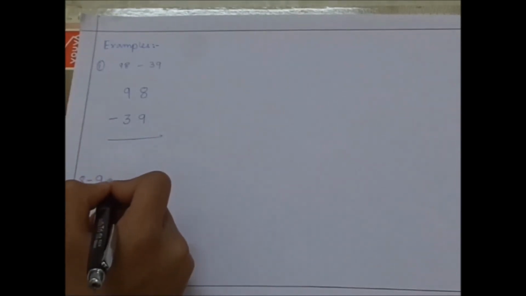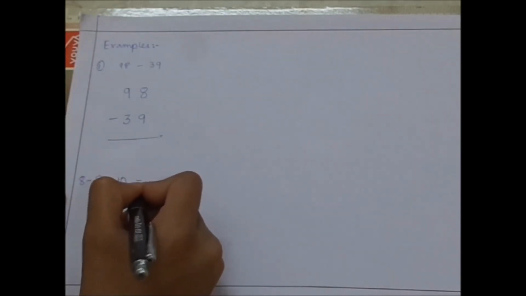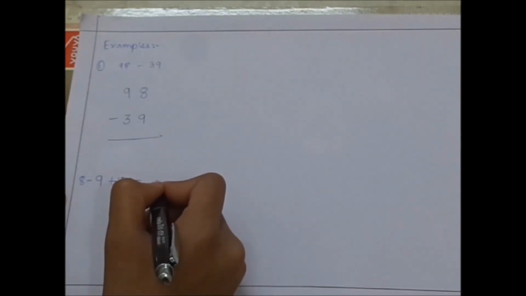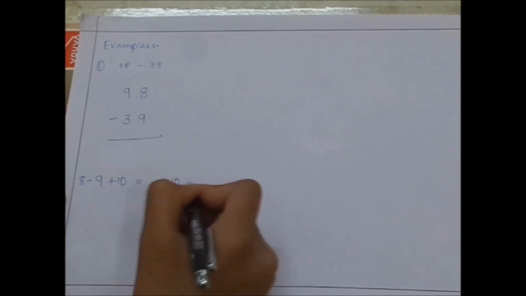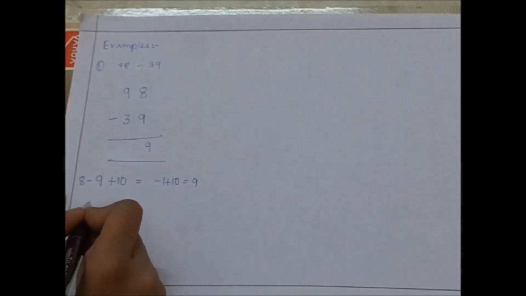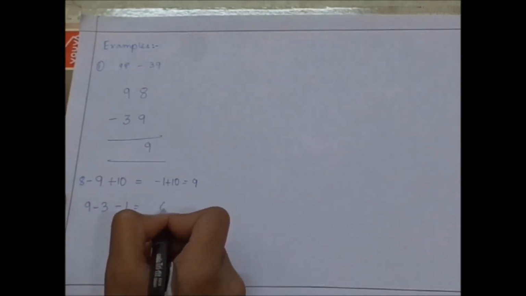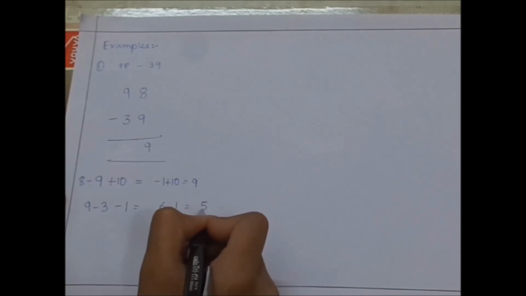So that will be 8 minus 9. Then we'll add 10 to that. So 8 minus 9 is minus 1, plus 10 is 9. So we can write this in the unit digit place of the answer. Our step 2 will be 9 minus 3 minus 1. So that is 9 minus 4, that is 5. So the answer is 59.